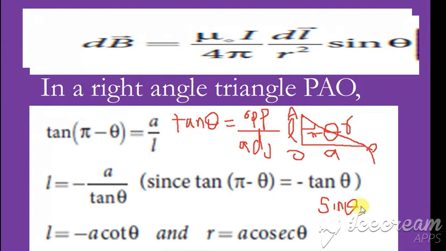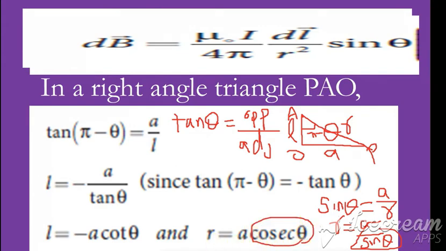It is equal to opposite by hypotenuse. So opposite is A divided by hypotenuse R. Now bring this R this side. So R is equal to A divided by sine theta. Now we can write this A separately, and 1 by sine theta can be written as what? Cosecant. So we are getting the value of R to be equal to A into cosecant theta.